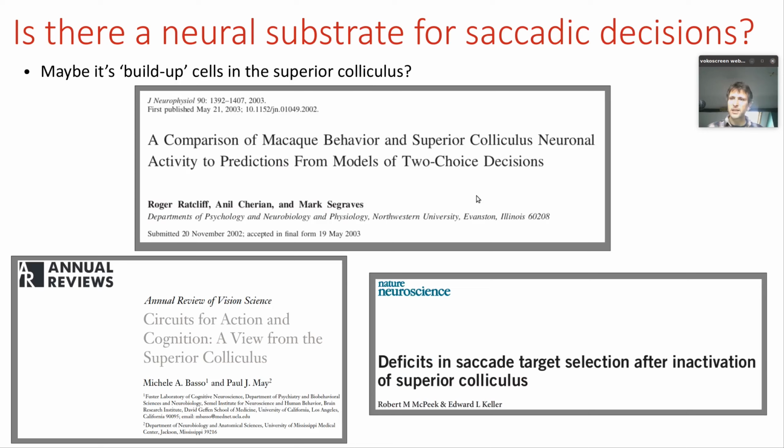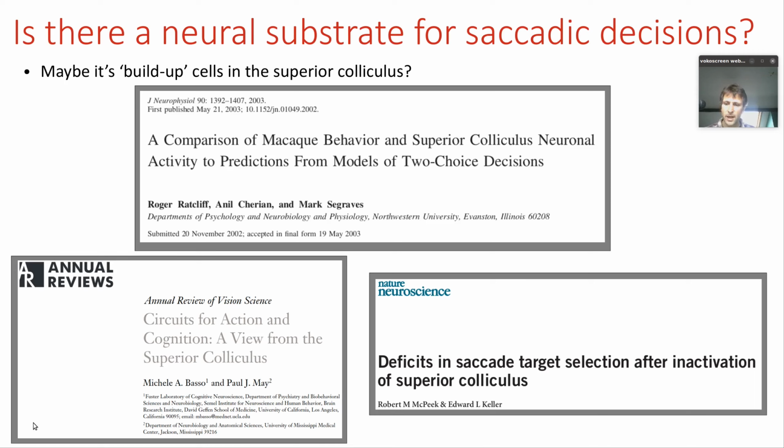Another possibility is you might find quite a few papers about the colliculus as the substrate for decision making. So this paper here covers two choice decisions in particular in macaque with the superior colliculus.